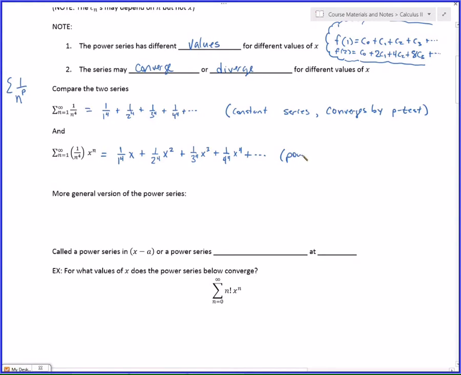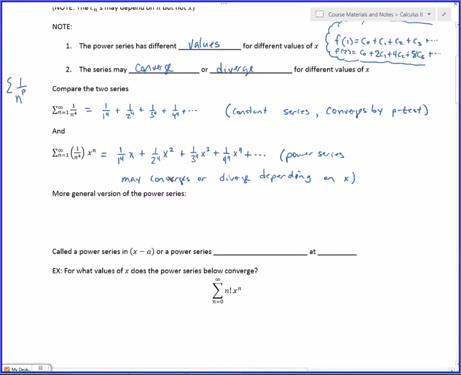This is a power series, and it may converge or diverge depending on x.